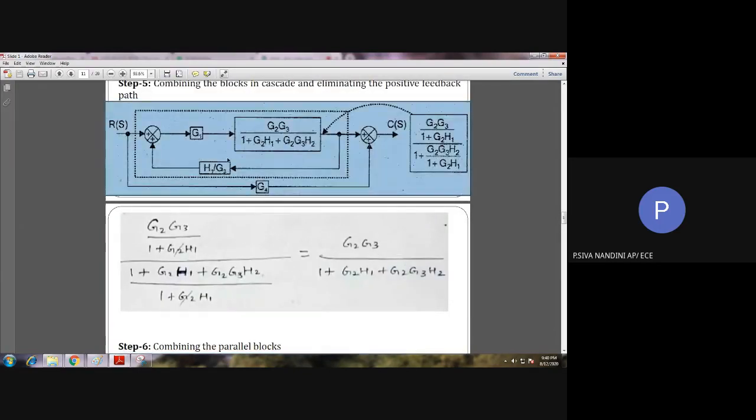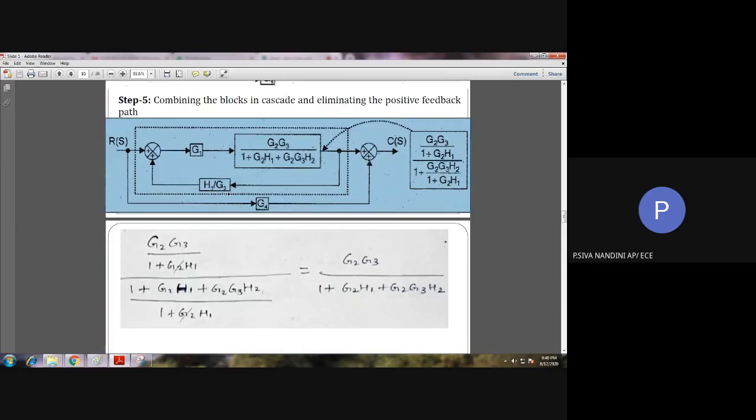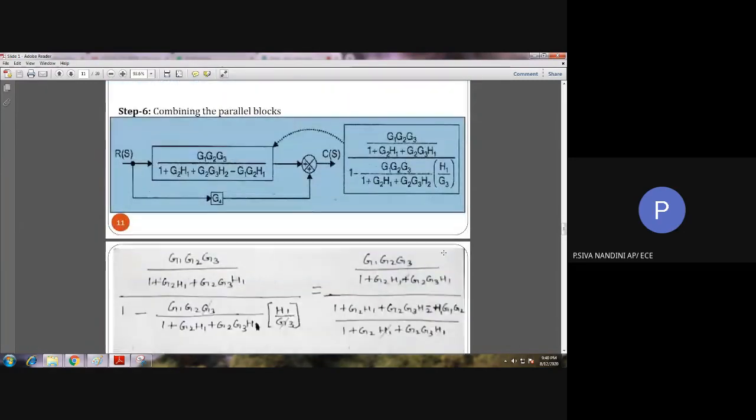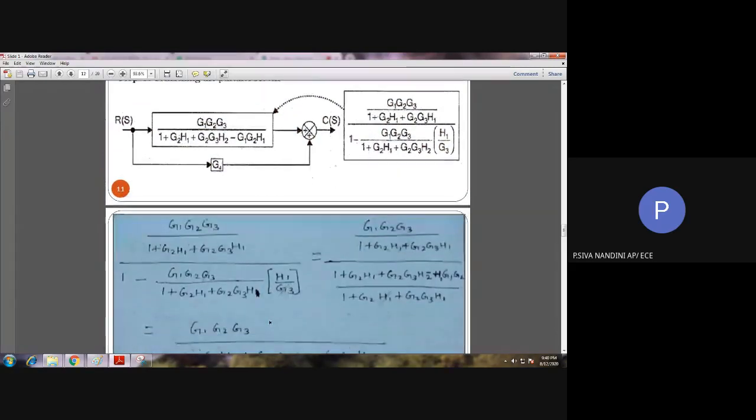Okay, see here, instead of H, in step number 5, we are having H1 by G3. So this H1 by G3 is substituted here, and the solving part is given in slide number 12. Here first the denominator, the second term, this G3 is common in the numerator and denominator.